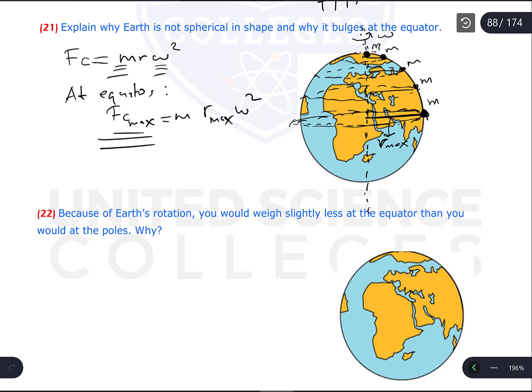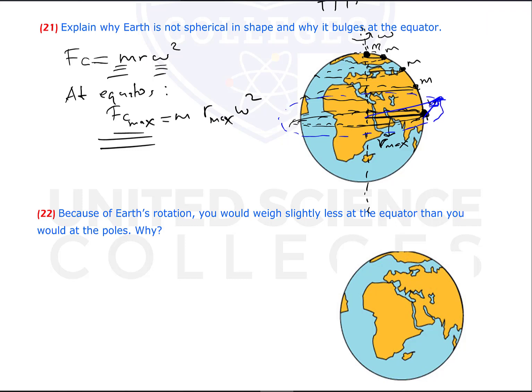In this case, instead of following a circular path, this mass at the equator will follow a little straight line path. As a particle moves along a straight line path, it moves away from the center. So as it is moving away from the center, of course, the size of the circle will increase. That's why Earth gets bulged at the equator, because for the masses, the particles, the objects at the equator, enough centripetal force is not provided.